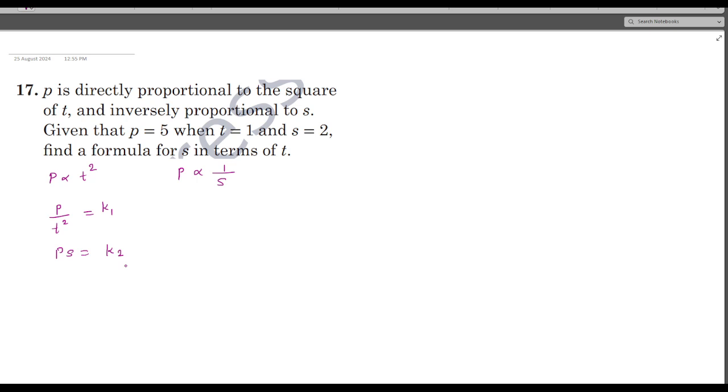Now I have to write a formula for s in terms of t. So what we do, I have to express s in terms of t. Okay, so if I write k2 divided by k1, so this is going to be equal to ps divided by p divided by t square, isn't it?